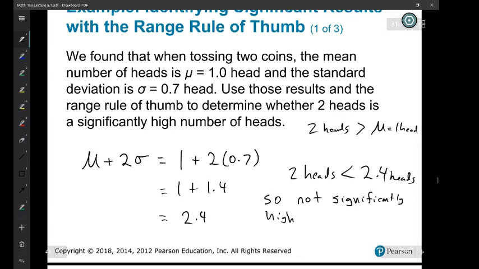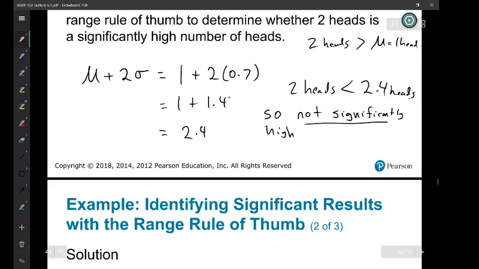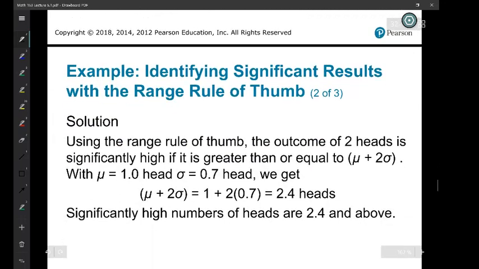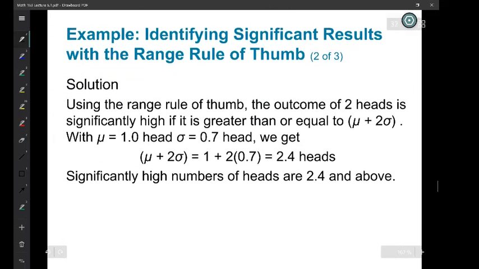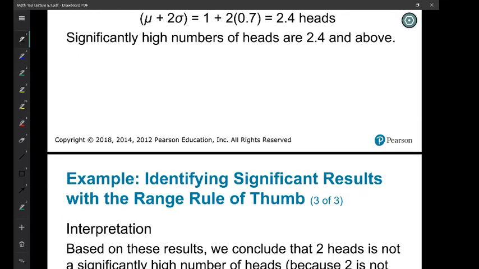It would be significantly high if 2 heads was greater than mu plus 2 times sigma. So it's not possible in this case to get a significantly high number of heads.